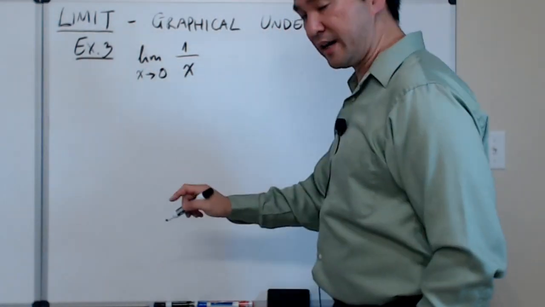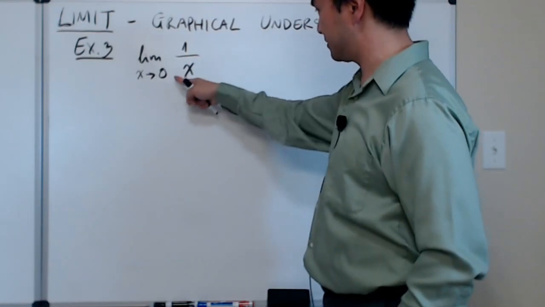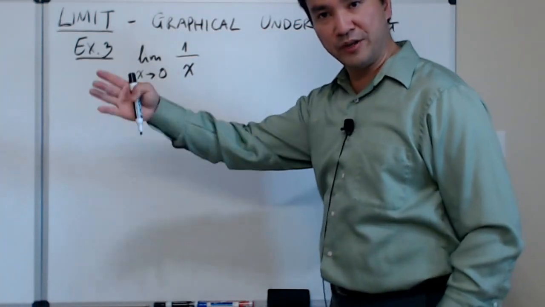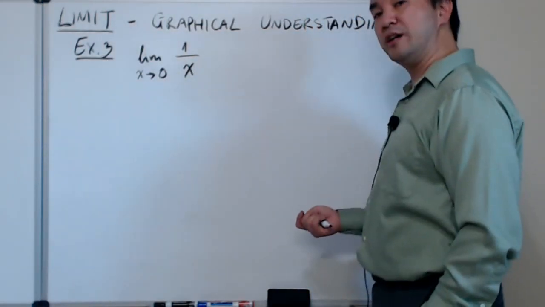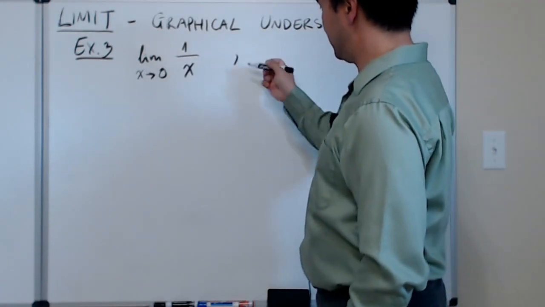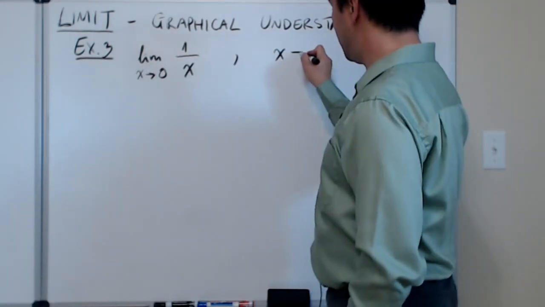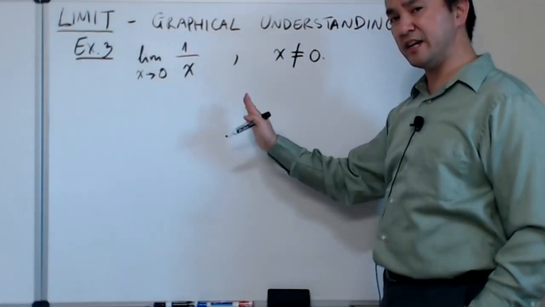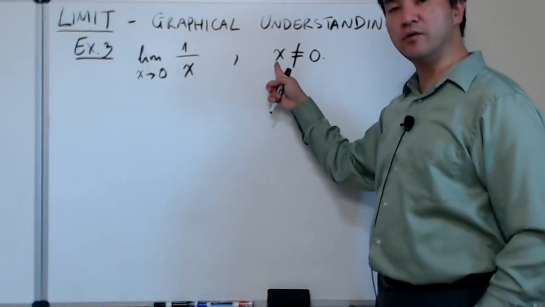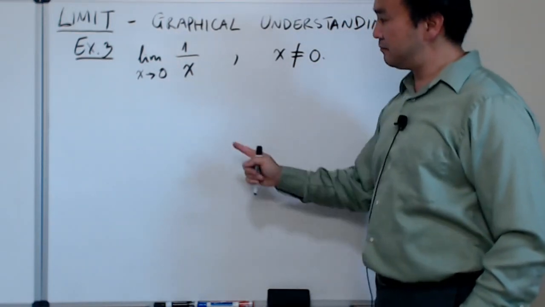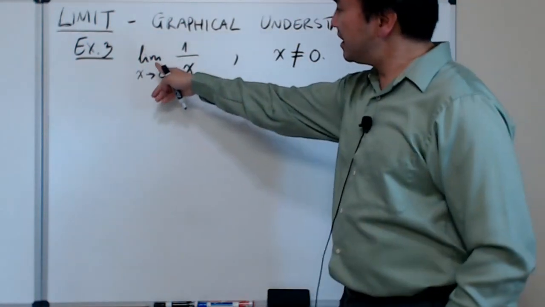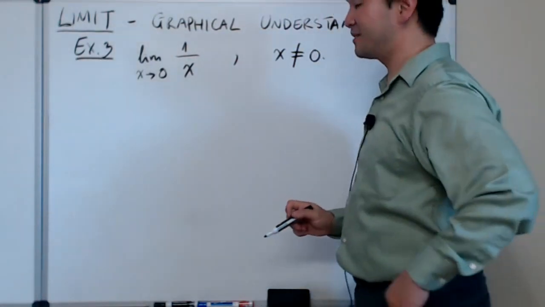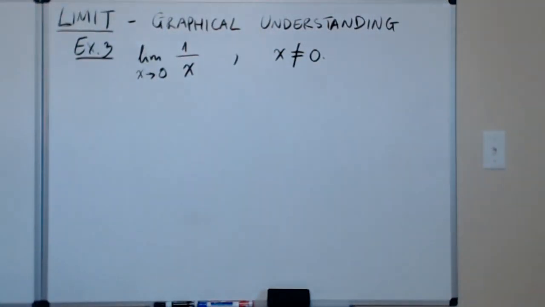Keep in mind, if we plug in x equals 0 into the function, we have a problem, since we cannot divide by a 0 value in the denominator. So this function has a domain of anywhere except x equals 0. We can substitute any non-zero value, but the problem is that we need to find the limit of this function when x comes close to 0. Once again, let me switch over to my graphing screen.